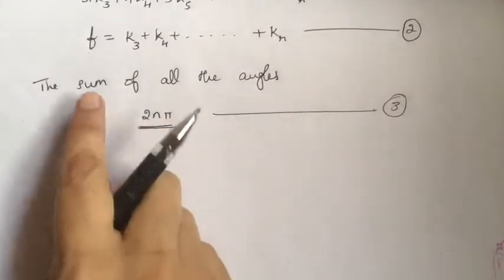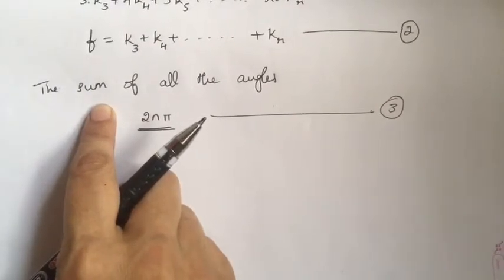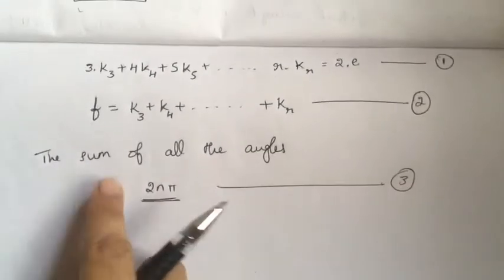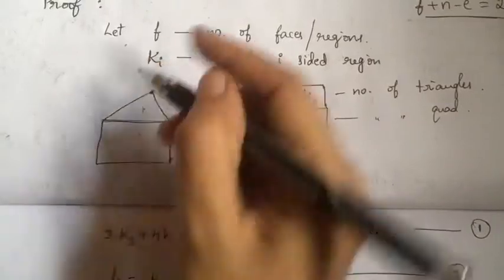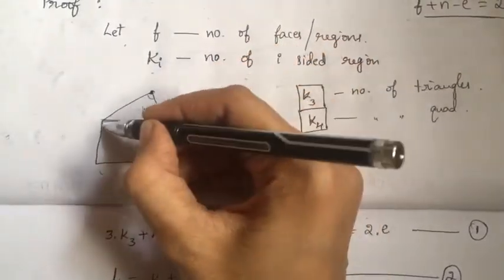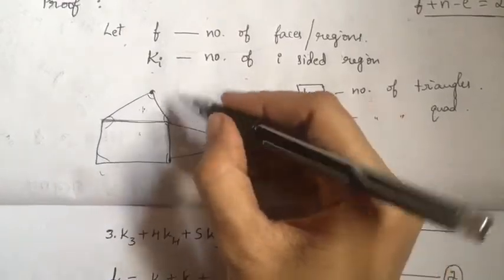Now I can also calculate the sum of angles in another way. I'm recalling this sum of all the angles as the sum of all interior angles plus the sum of all exterior angles.